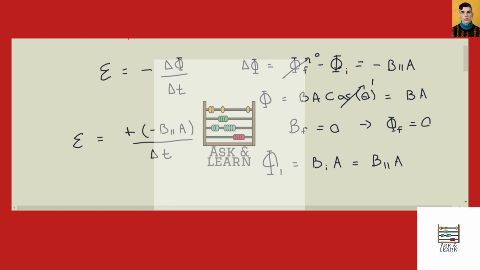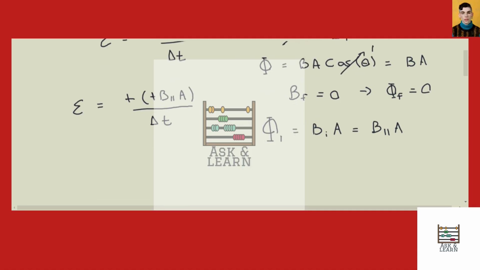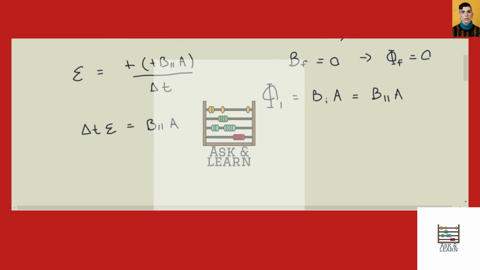So our minus signs will cancel out. And now we're just going to solve this equation for delta t. So I'll multiply both sides by delta t. Delta t times E equals B times A. And then I will divide both sides by E, the induced EMF.